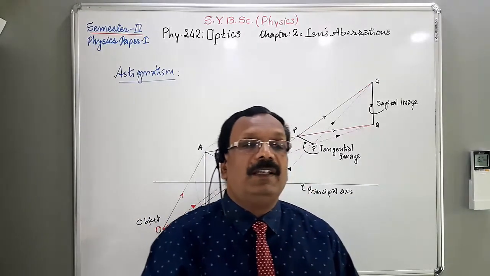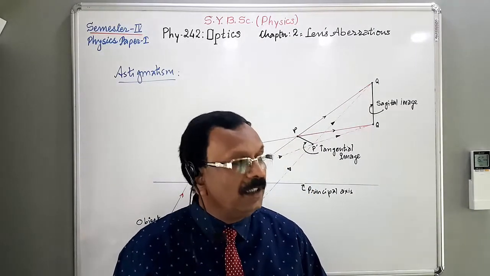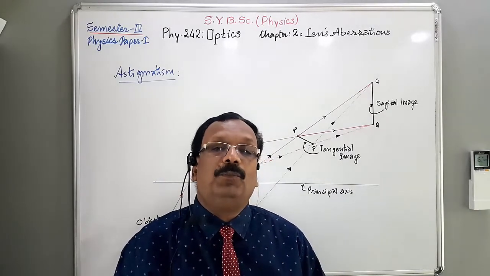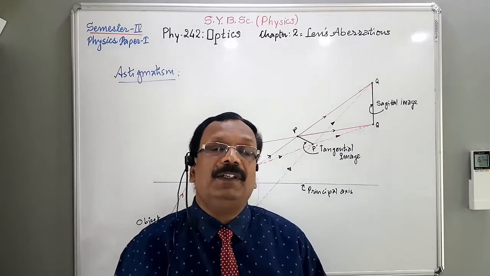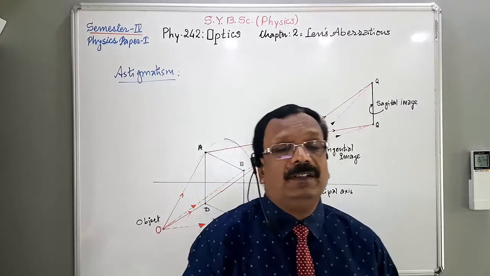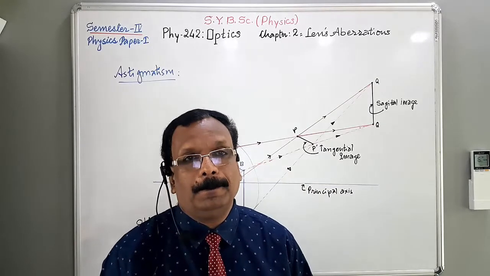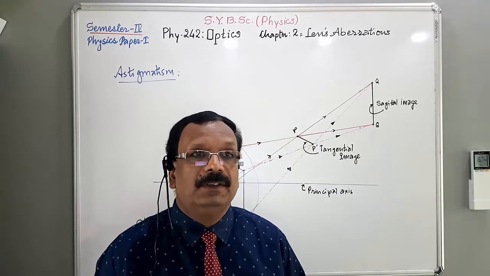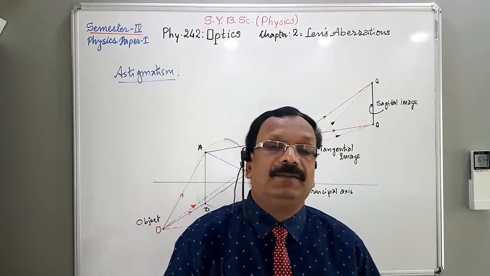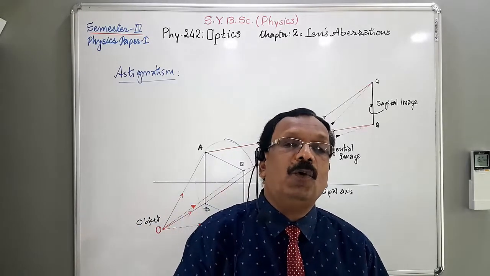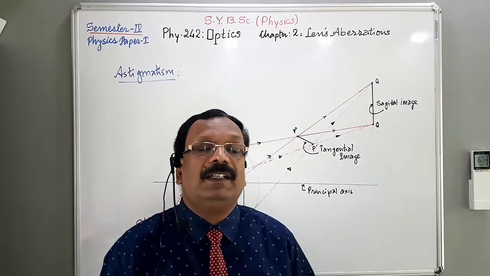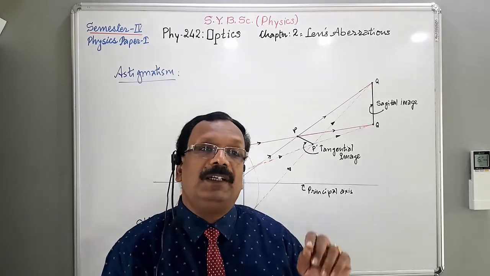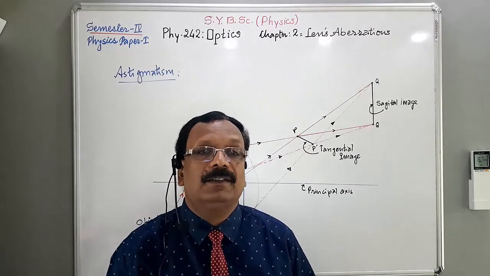Astigmatism is the aberration in the image formed by a lens when a point object is situated far off the axis. We have seen that in spherical aberration the point object is situated on the principal axis.